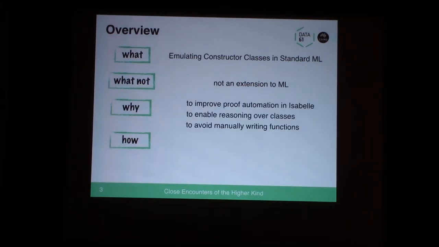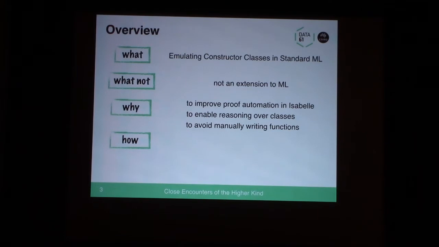Why am I emulating constructor classes? I have 3 reasons. First, I wanted to improve proof automation in Isabelle using monads and monad transformers. Second, I wanted to reason over classes rather than concrete type constructors so that I can change which type constructor to use later without agonizing pain.